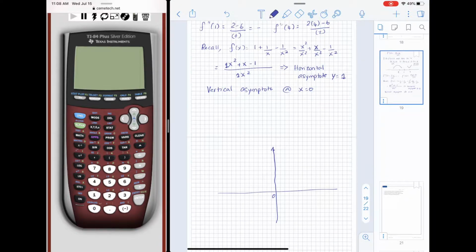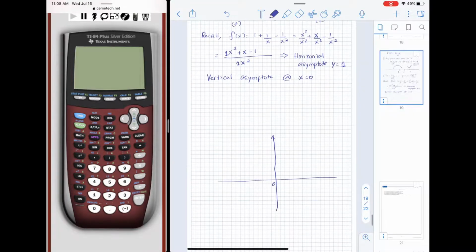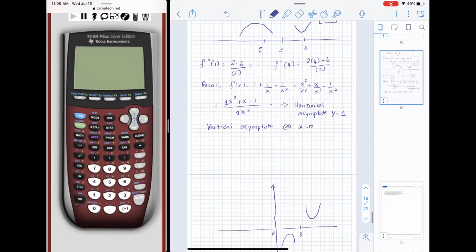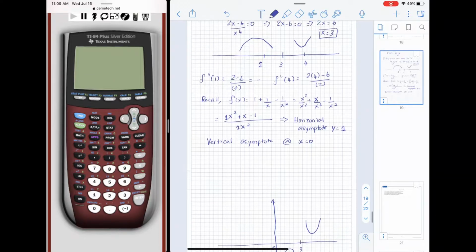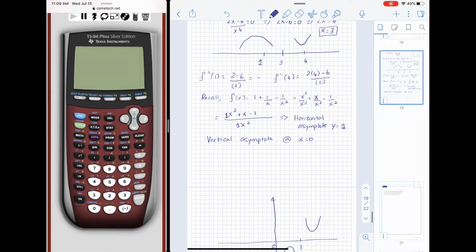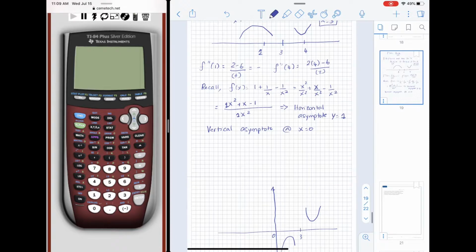So if it has to be concave down, it means that the function has to look something like this: concave down here, concave up there, because there is a discontinuity at 0, and it is concave down for all values less than 0, because there is an asymptote.